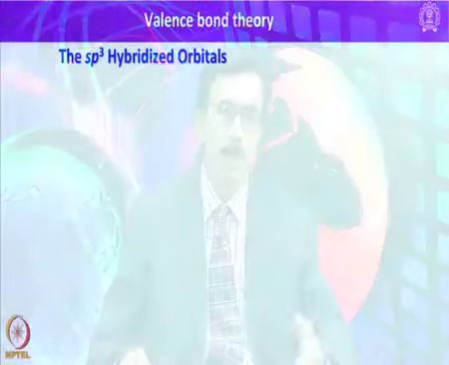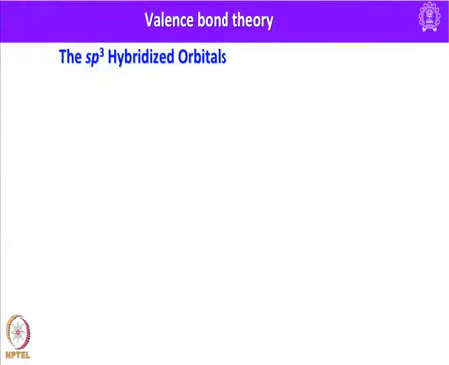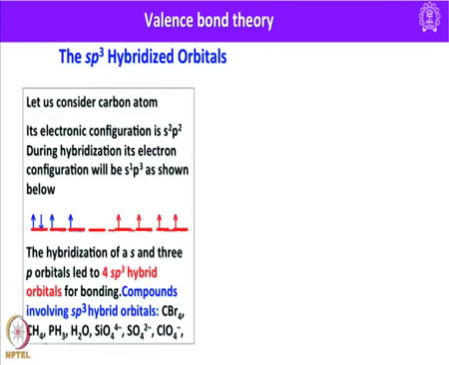Similarly, we can look into another hybridization concept. So, here let us look into the sp3 hybridization, how it takes place. Of course, an ideal example is methane, and in carbon we have s2p2 electronic configuration.